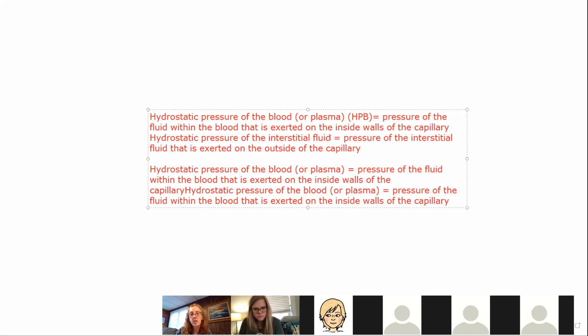The hydrostatic pressure, and remember this B is lower, it's not lowercase, but it's in subscript font. It's put down below. It's like a subunit type thing. Kind of, yeah.